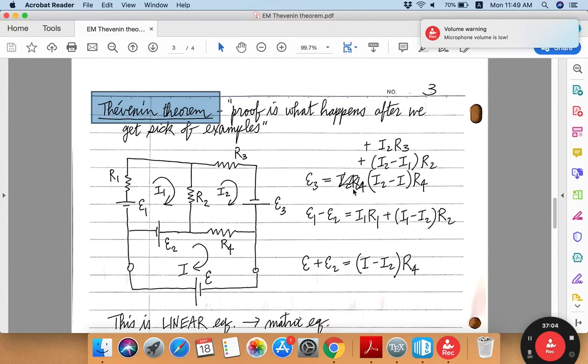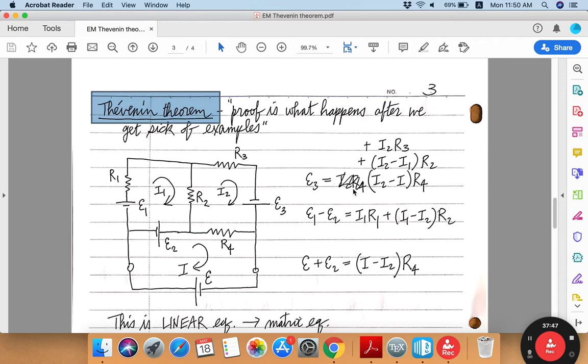Now, the other aspect is that when we say we want to prove something, as engineers and physicists, it's often sufficient to prove it with a sufficient example. And if the example that you use is of sufficiently general nature, which is, of course, a somewhat subjective definition, then even the proof in the case of a single good example is enough to convince you that this must be true for all circumstances.